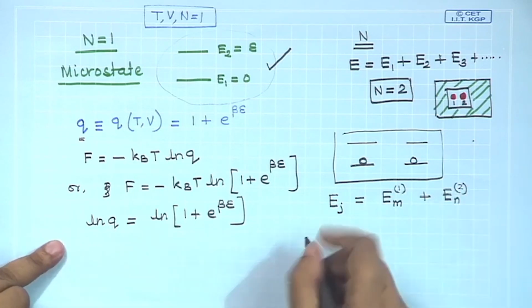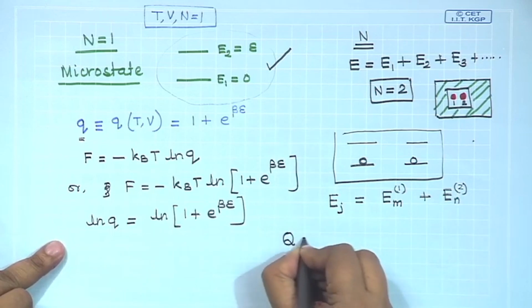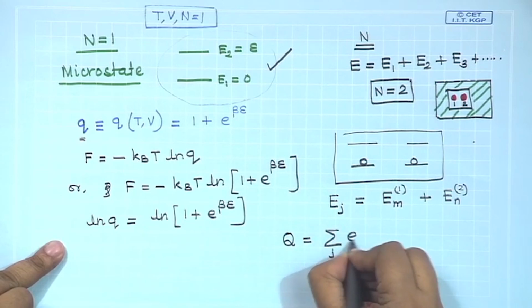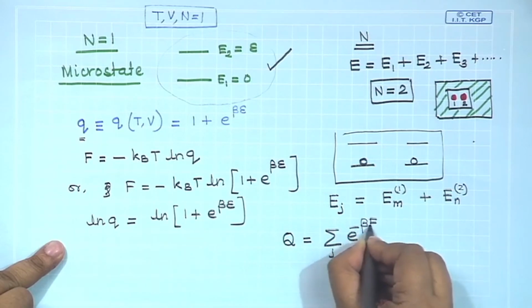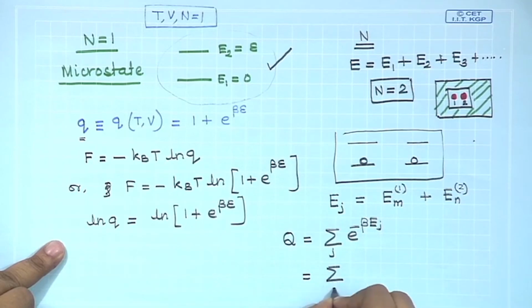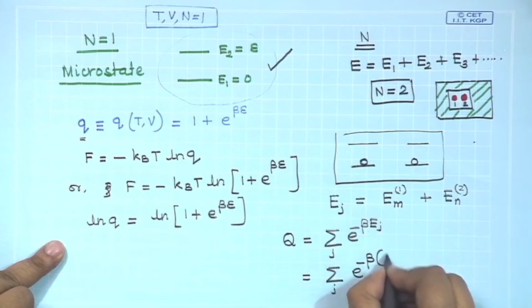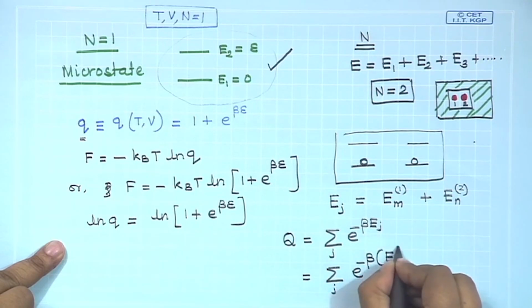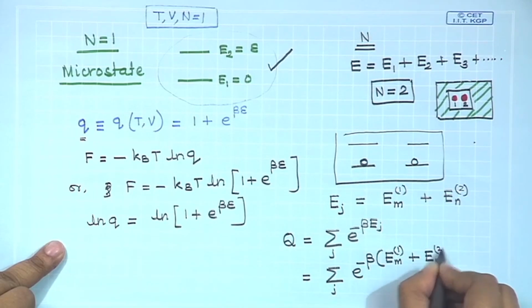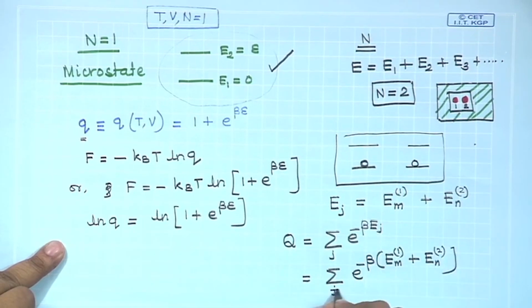So, what is the total partition function of the system then? That is going to be summed over all j, e to the power of minus beta E j. Now, E j is something like E m 1 plus E n 2, which means that instead of j, I will now have to sum over m and n.